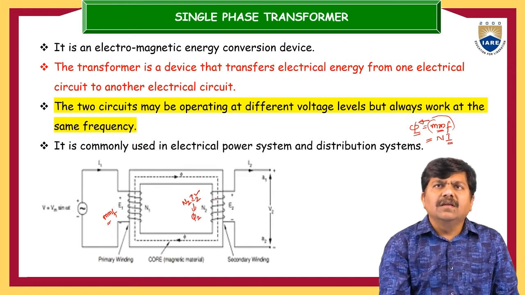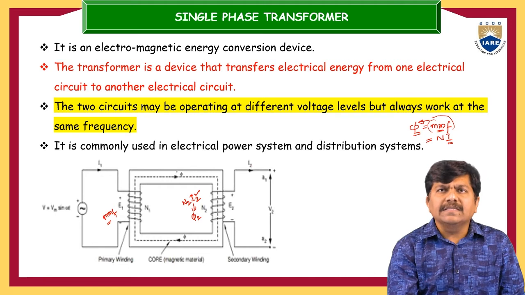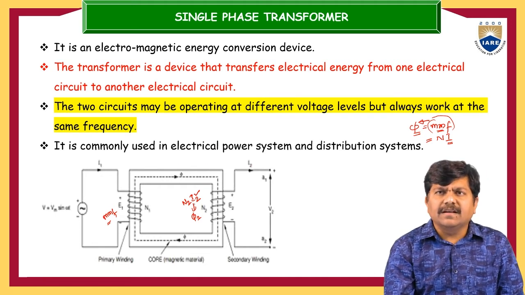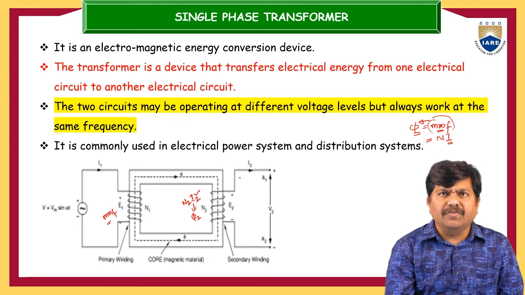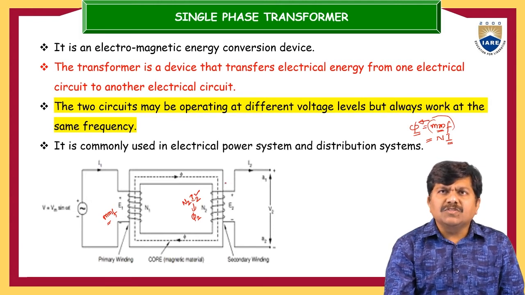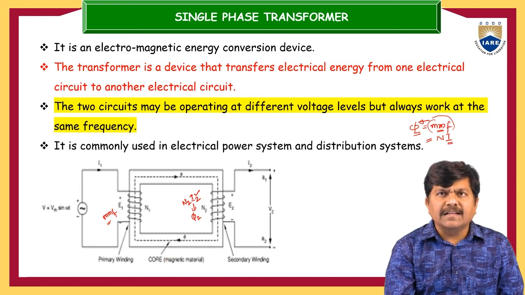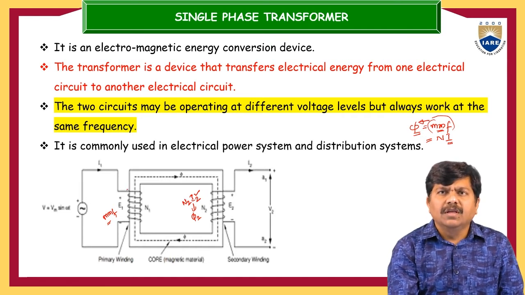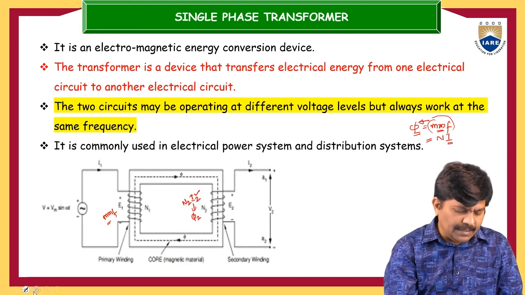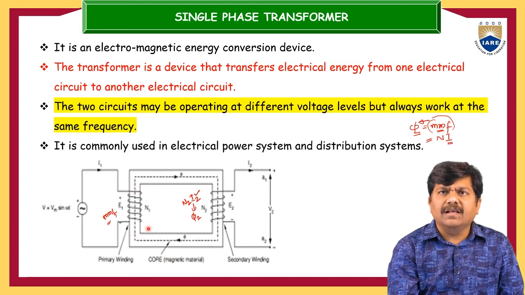That we will discuss. First, I think it is very clear that the transformer is an electromagnetic energy conversion device. The transformer is a device that transfers electrical energy from one electrical circuit to another electrical circuit. This primary is one electrical circuit, and this is the other electrical circuit.